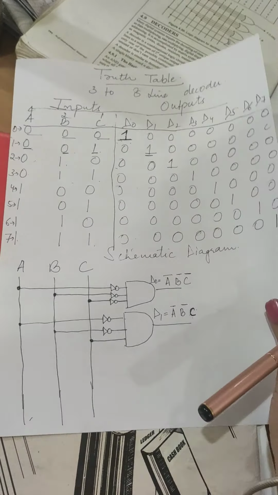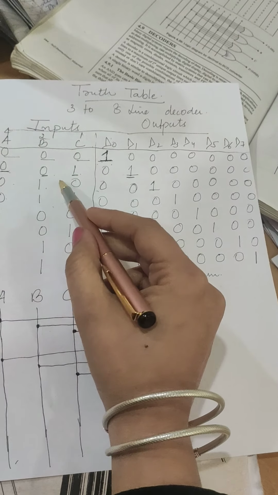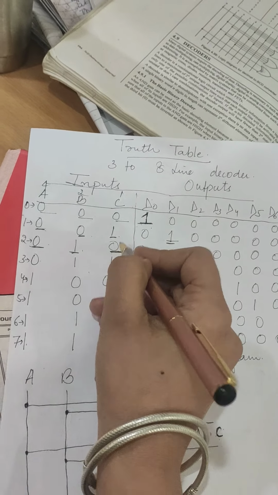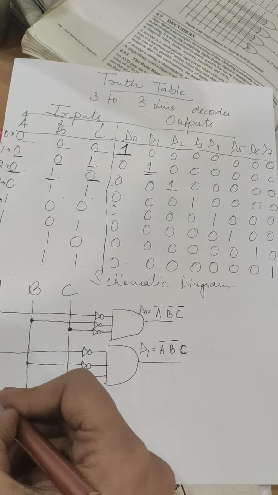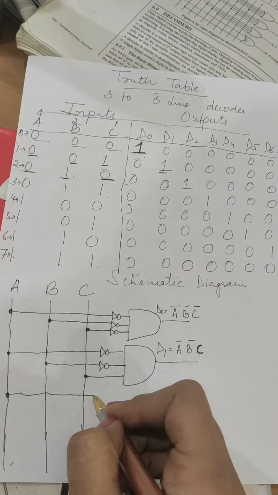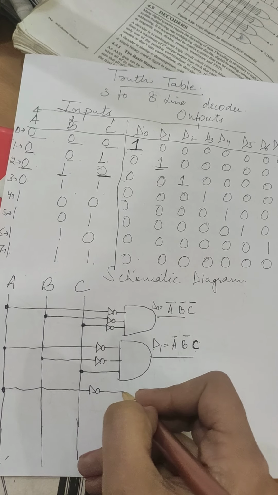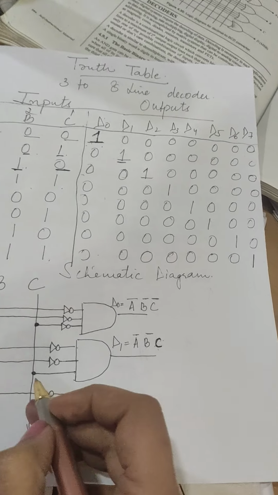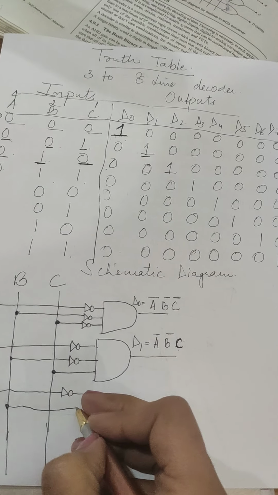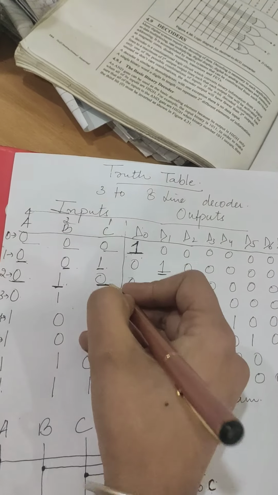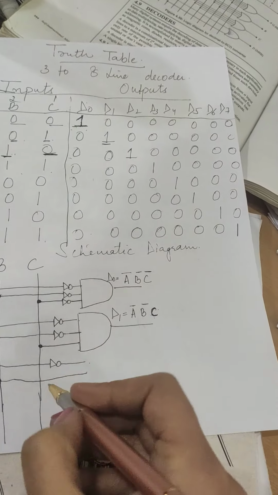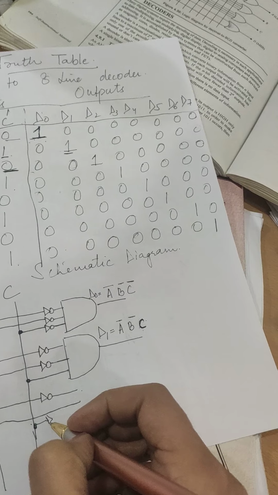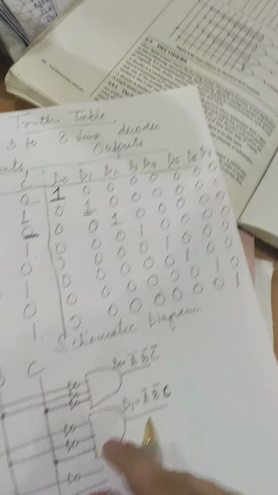D2 is equal to 0, 1, 0. So A will be 0, A bar. B is 1, so B is written simply, with no need for an inverter gate, and C is 0, so for 0 an inverter gate is used.